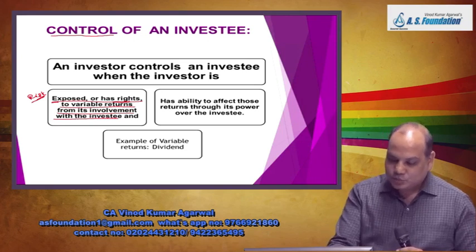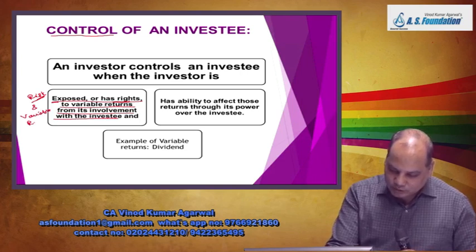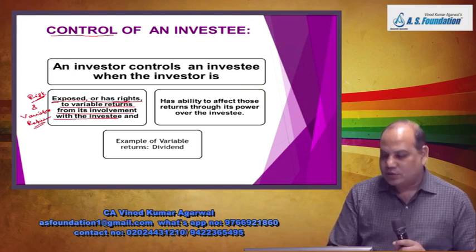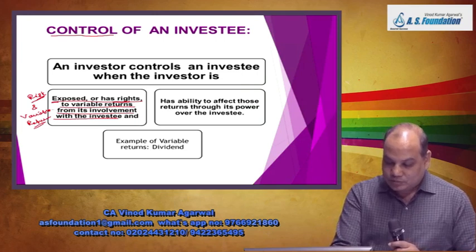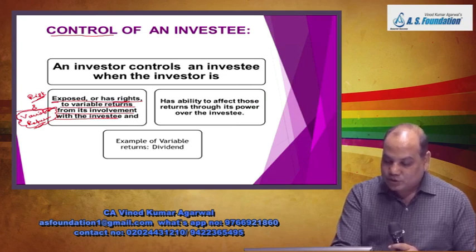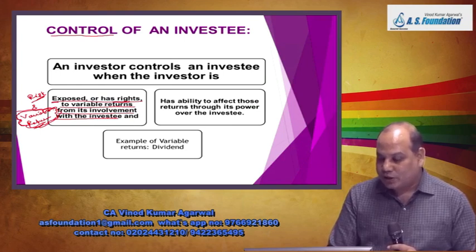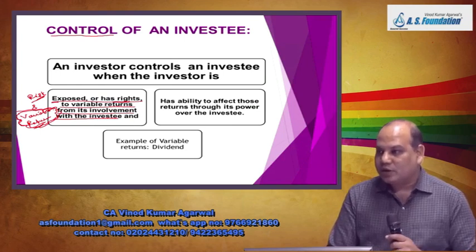That means he is exposed to risk and variable return for his investment made in that entity. Either he can get a very high return also, but at the same time he can even lose his money.